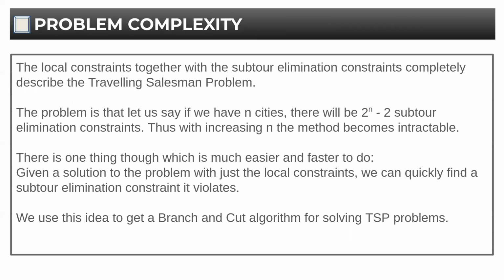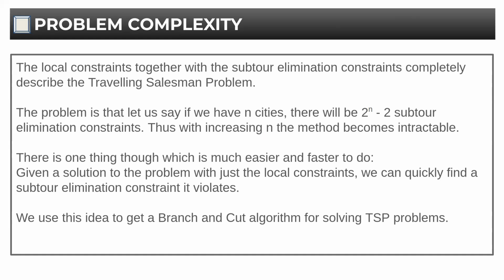Let's talk about the problem complexity. The local constraints together with the subtour elimination constraints completely describe the traveling salesman problem. The problem is that, if we have n cities, there will be 2 to the power n minus 2 subtour elimination constraints.